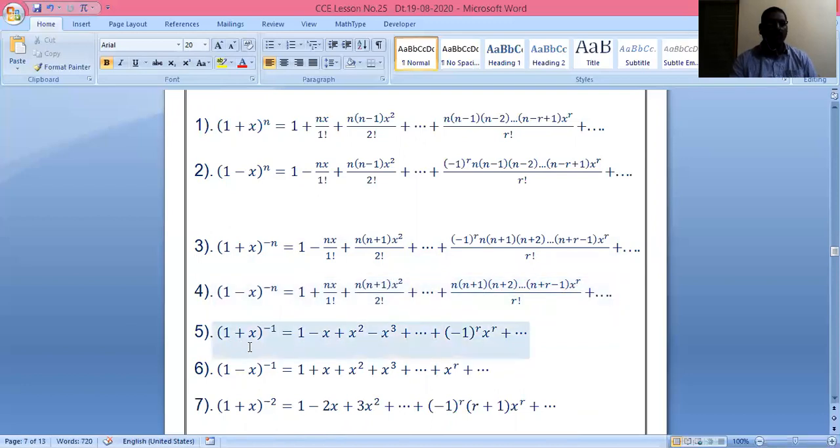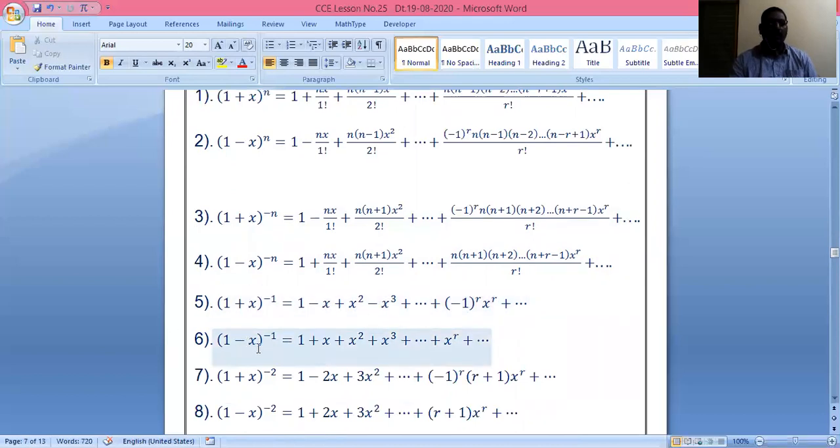Number 5, (1 plus x) to the power of minus 1 is equal to 1 minus x plus x square minus x cube plus up to so on, minus 1 to the power of r into x to the power of r plus up to so on. Number 6, (1 minus x) to the power of minus 1 is equal to 1 plus x plus x square plus x cube up to so on, x to the power of r.